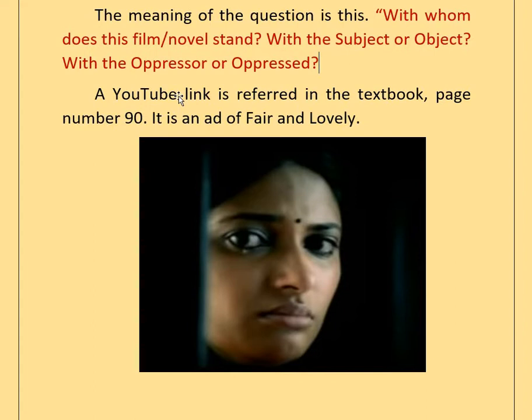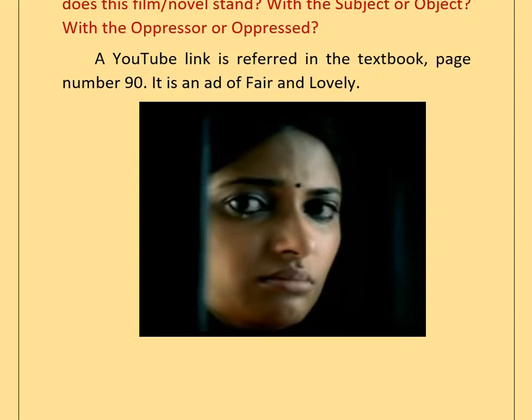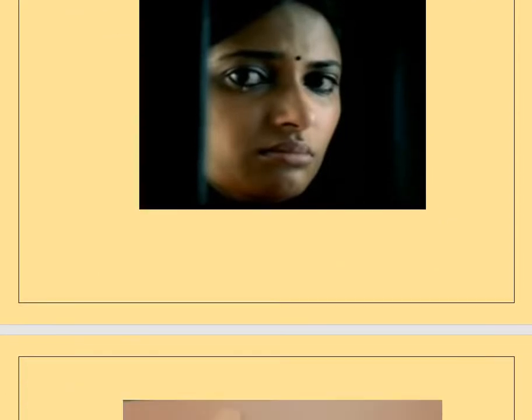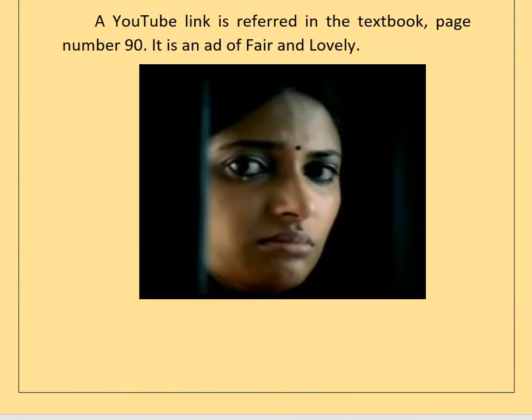A YouTube link is referred in the textbook, page number 90. It is an ad of Fair and Lovely. You can see the images from the ad. The image of a sad woman who is dark complexioned and she is unable to get a job.